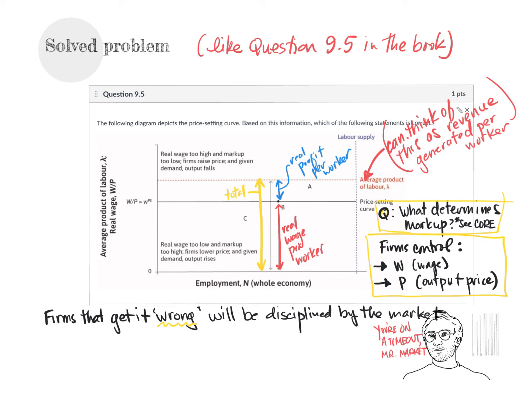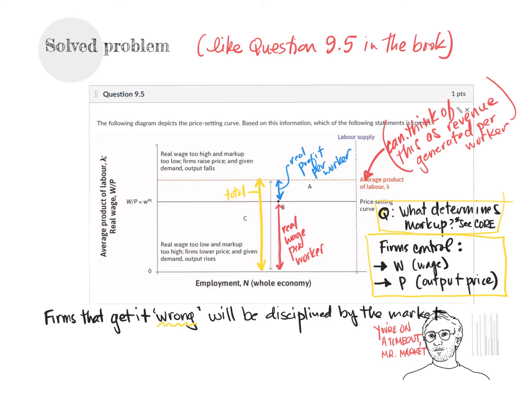But wait, there's more. This model is so cool and so rich that it's like playing 3D chess. We've even got more dimensions here. All right, so we see that the economy goes back to its equilibrium at some normal level of profit, so that if wages or prices are too much different than that, they'll be disciplined.